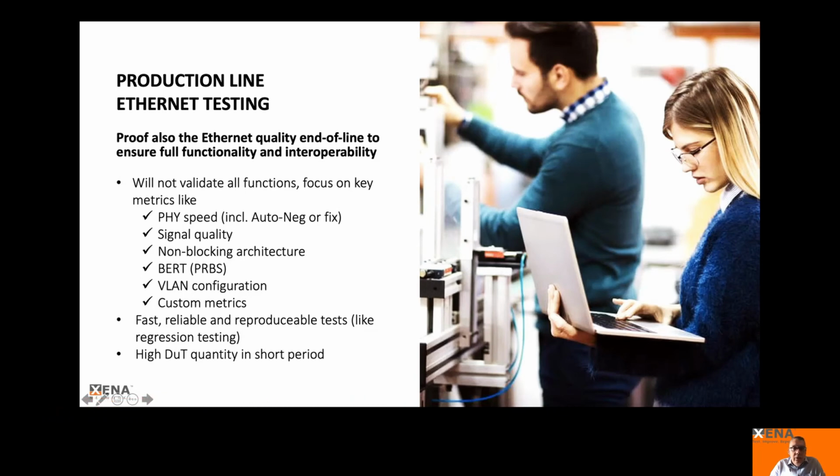You do the VLAN configuration check, and probably some more custom metrics to be checked. Important is that this is a very fast test, reliable and reproducible, like the regression testing, to have a continuous quality model. And also for sure important is that you can have a high device under test quantity in a very short period. That means multiple devices under test or multiple ECUs to be tested at the same time.